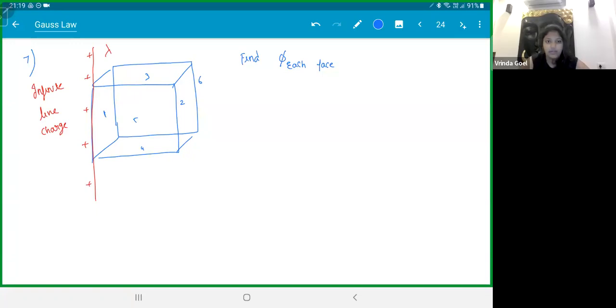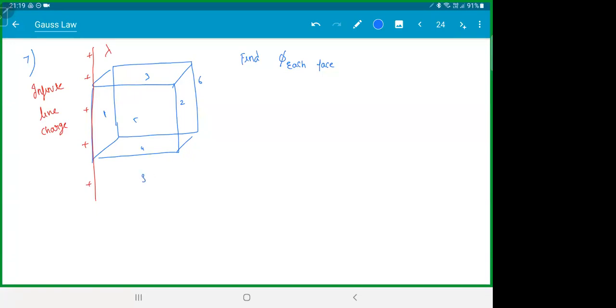Sir, are we given the length of the cube? Side is L. You'll need it.